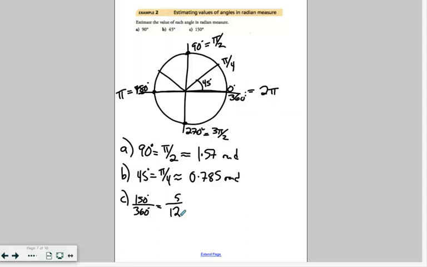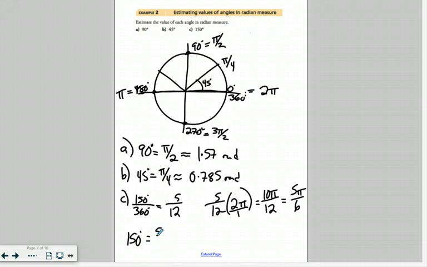So 5/12 of a circle is 150 degrees, so 5/12 of the 2 pi in terms of radians is going to be 10 pi over 12, because it's 2 pi over 1, you're just multiplying numerators and denominators, which reduces to 5 pi over 6. So 150 degrees is 5 pi over 6, which can be estimated on a calculator as around 2.62 radians going around the circle.